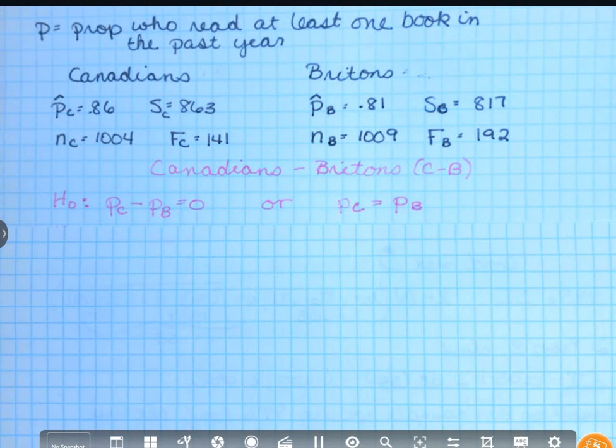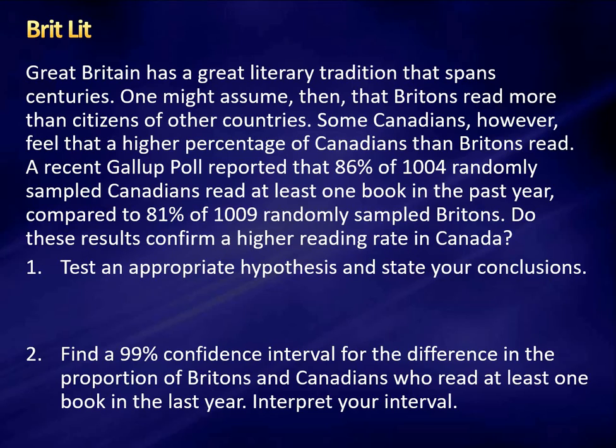Now, let's go back and look at the question again, because in order to determine my alternative hypothesis, we have to see what the question was asking. If I'm doing Canadians minus Britons, what is my alternative hypothesis going to be? Greater than 0. Does everybody understand why?